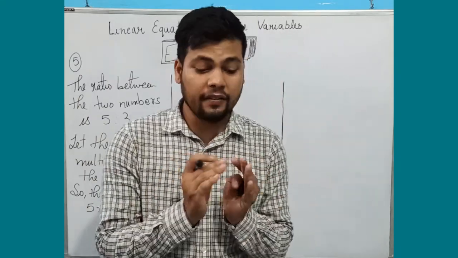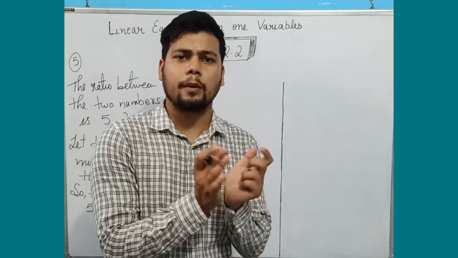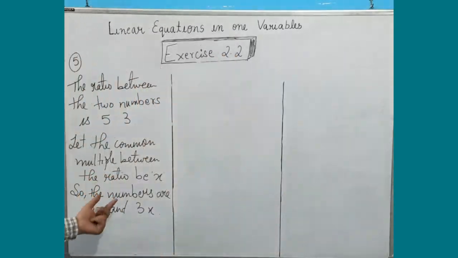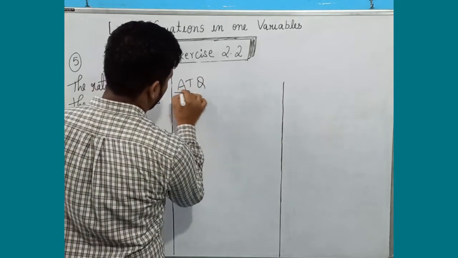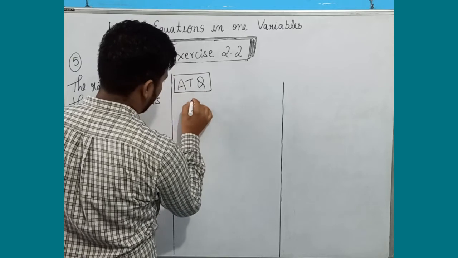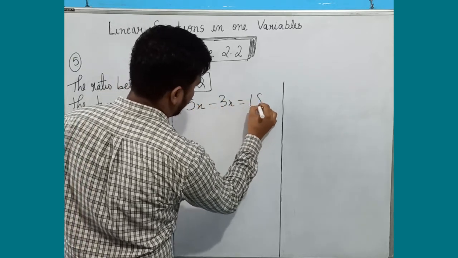Now they say the numbers differ by 18 in the question. What do you mean by differ? Differ is subtraction basically. So if you look here, I have 5x and 3x. Obviously 5x is greater because there is 5 on this side, right? So differ means, according to the question, 5x, the greater number, minus the smaller number will give me 18.